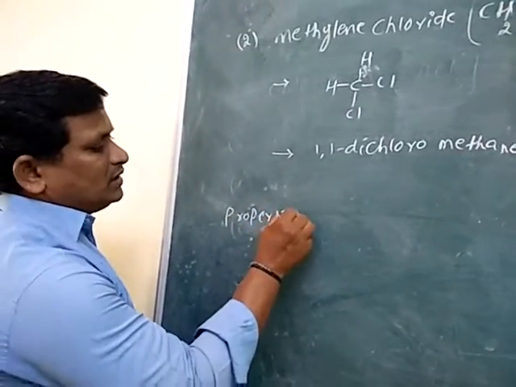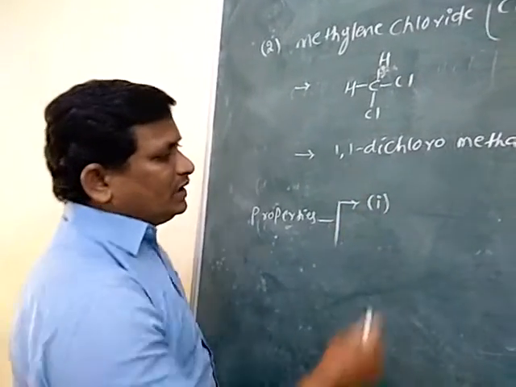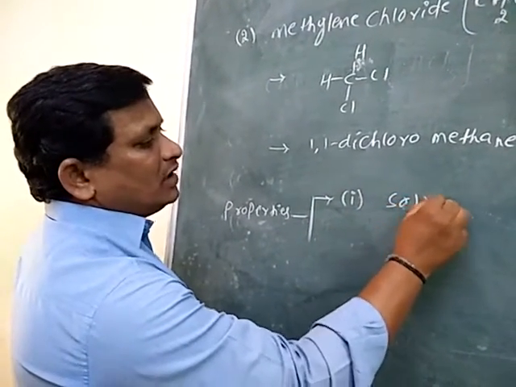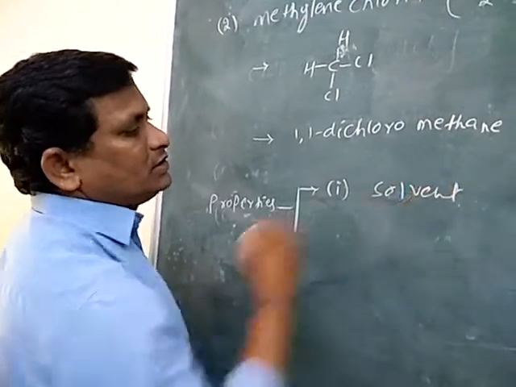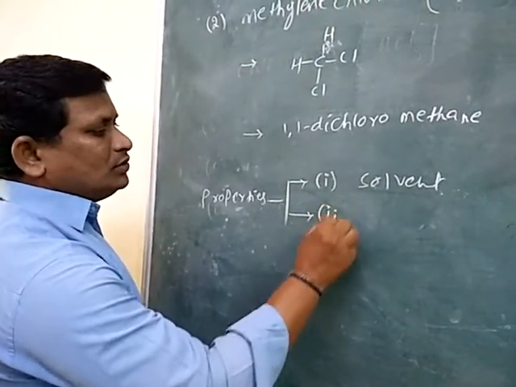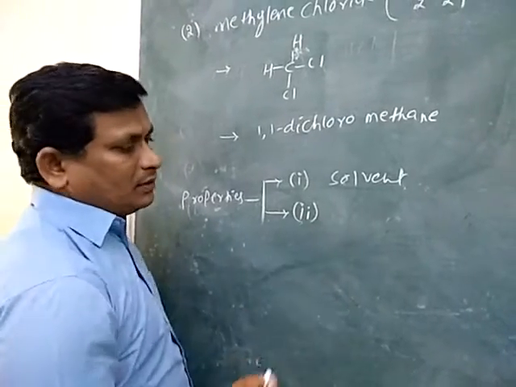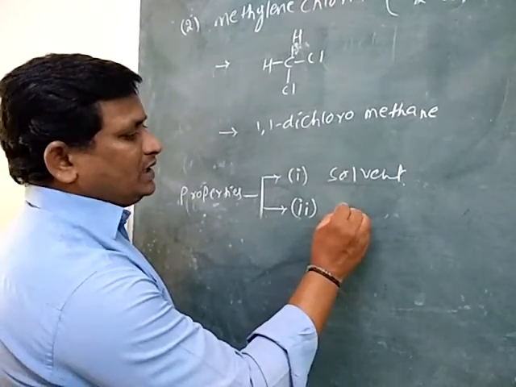Now the properties of methylene chloride. It is used as a solvent. It is used for the removal of paints, that is, removing colors from compounds.